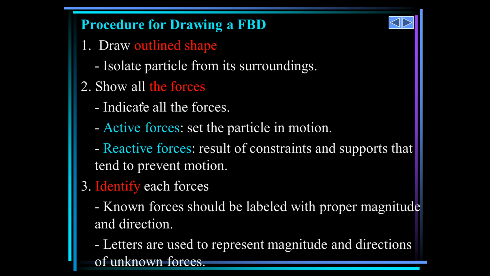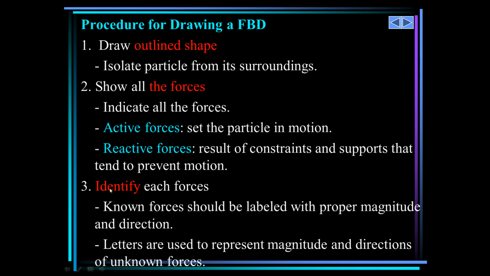Okay, the procedure for drawing an FBD: the textbook has several suggestions for that, and you follow the procedure. First, draw the outline shape, isolating the particle from its surroundings. Second, show all the forces: indicate all the active forces that set the particle in motion, and the reactive forces resulting from the constraints and supports that tend to prevent motion.